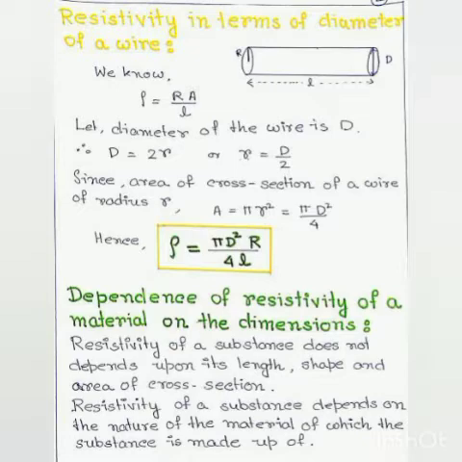Now, we know the cross section of a wire with radius R is A equals pi R square. So, in terms of diameter, we can write cross sectional area A equals pi D square by 4. So, the relation of rho we can write as rho equals pi D square R by 4L.